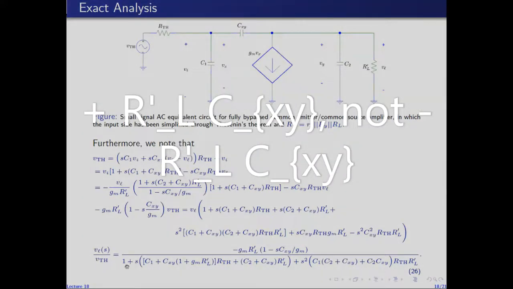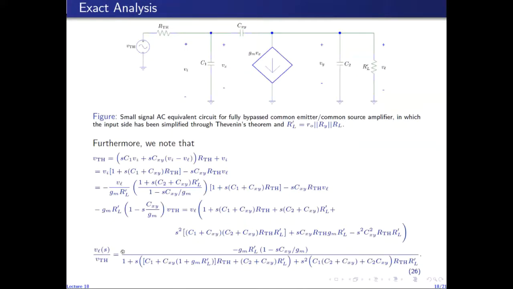Similarly, in the denominator, when I divide the first term by s, it will become 0 at s equal to infinity. When I divide this term by s, s will get cancelled out and I'll be left with this constant. And when I divide this term by s, I'll get an s here with this coefficient. So the numerator will be constant, the denominator will be constant plus s times this factor.